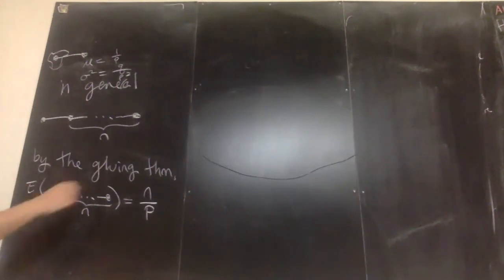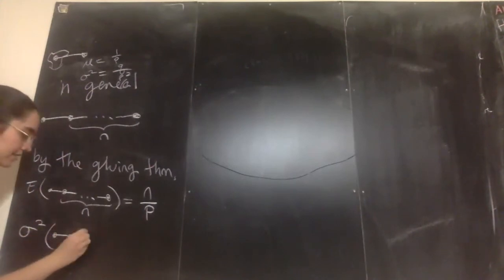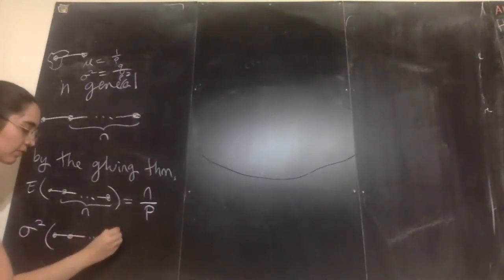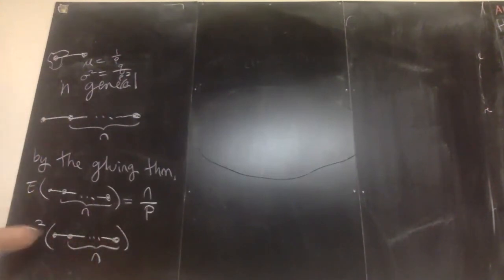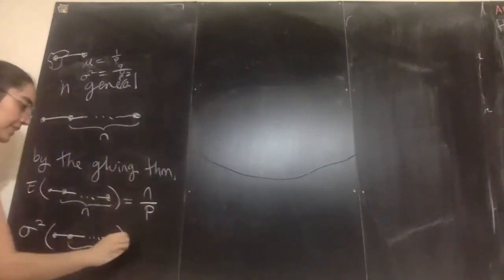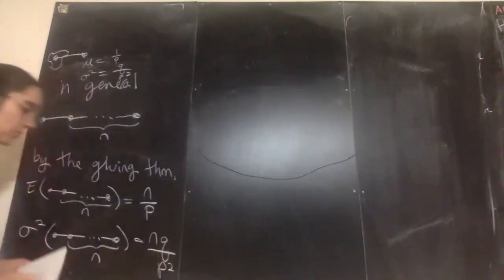And also, our gluing theorem works for our variance. It says that our variance is additive when we glue.